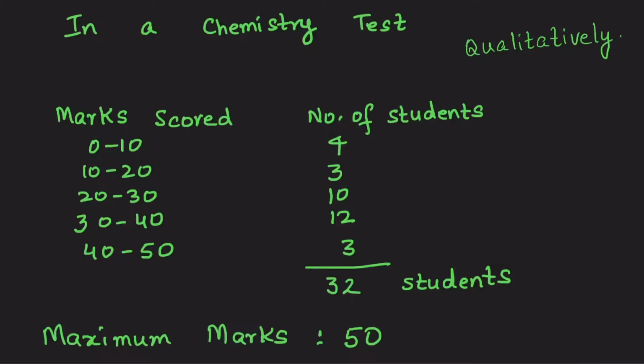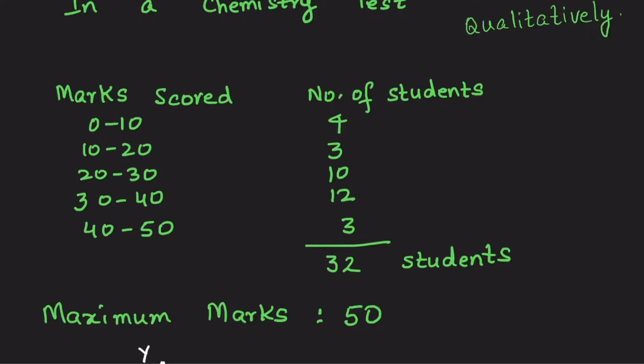Yes, I'm going back to maths, but I'm not teaching you stats. Let's suppose in the chemistry test on chemical kinetics, before you watch this video, the marks scored by some students in your class are listed over here. I have taken a hypothetical situation. So I've got 0 to 10, 10 to 20. Now if you notice in this distribution, most of the students of your class are lying in the marks range of 20 to 40.